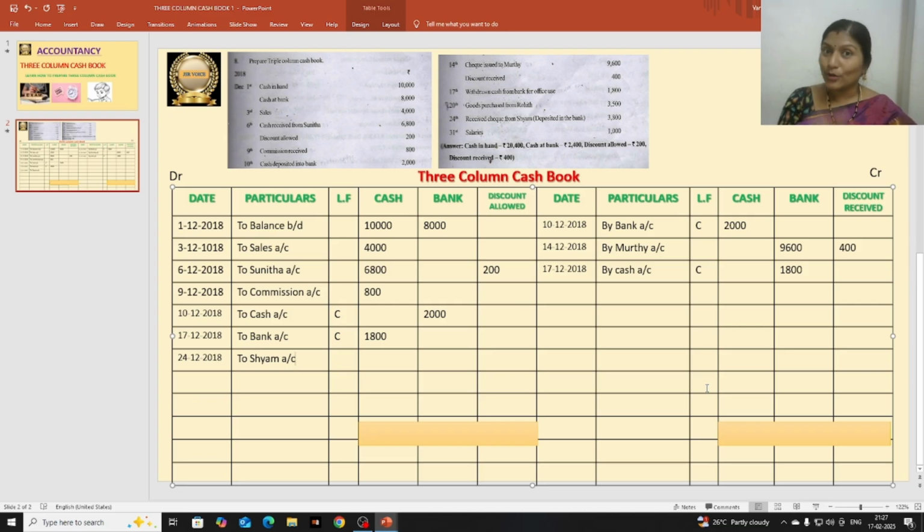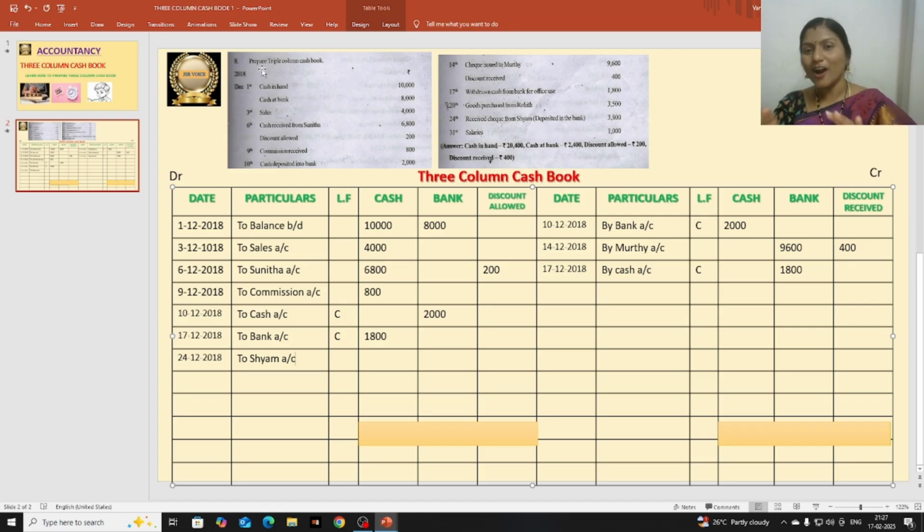But I told you, whenever we prepare a 3-column cash book, we should concentrate on contra entries as well as received checks. Any other checks you can immediately put in the bank column, but a received check you should not put immediately. You should wait for a while and check for one sentence. What sentence? Whether that check is deposited into the bank on the same day or not. Here on the 24th, beside that transaction in brackets they mentioned deposited in the bank.